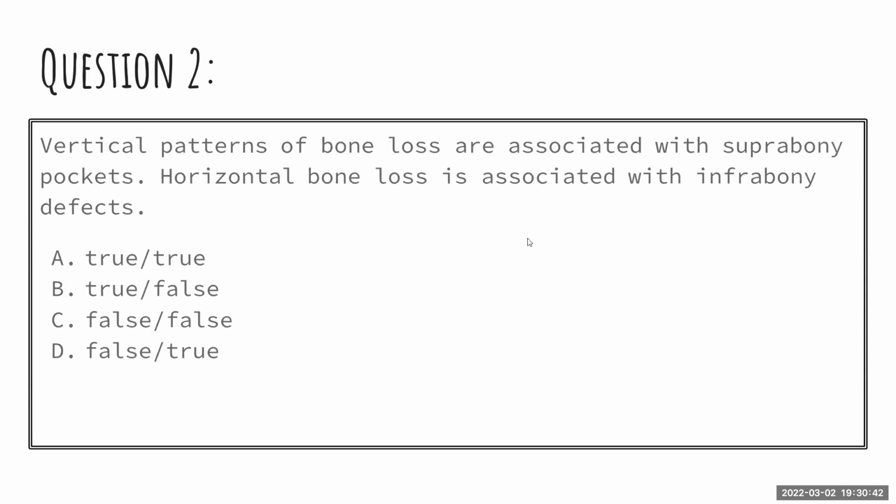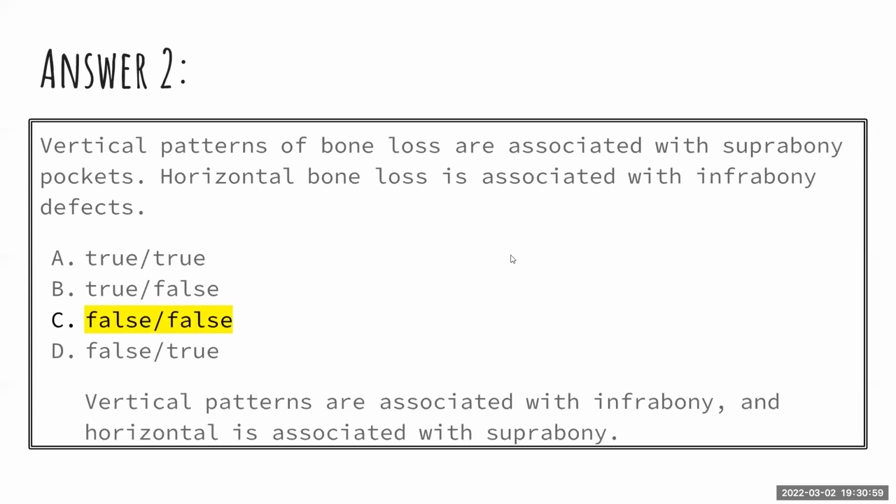Vertical patterns of bone loss are associated with suprabony pockets. Horizontal bone loss is associated with infrabony defects. A. Vertical bone loss are infrabony. Horizontal pockets are always suprabony.